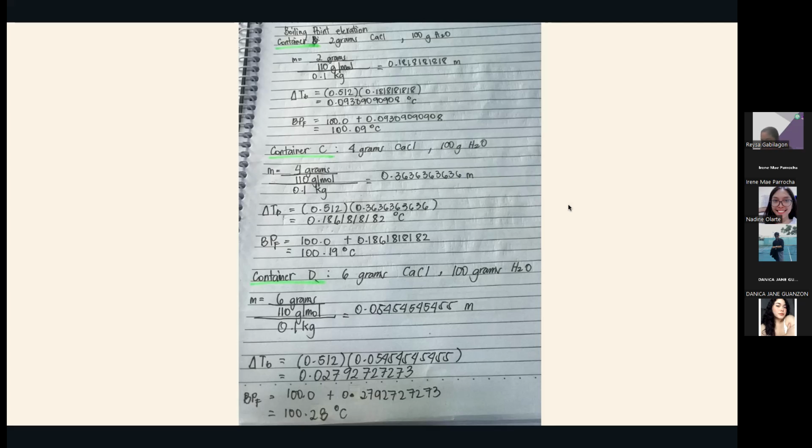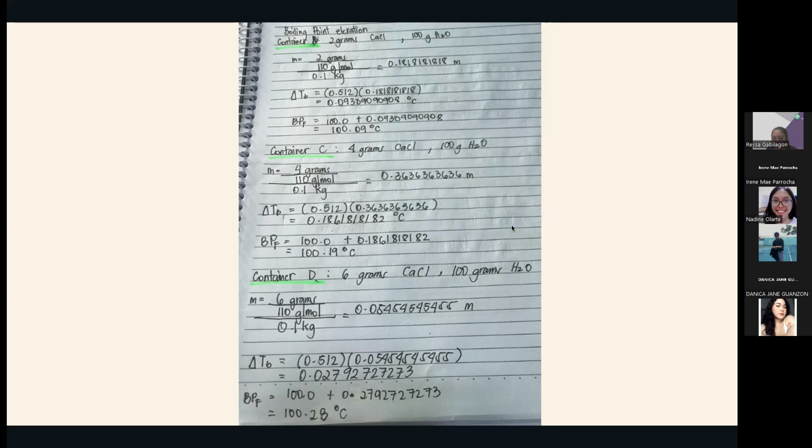Next is its boiling point elevation: 0.512 for the Kb constant times the molality 0.36, which will give us the answer 0.18182 degrees Celsius.